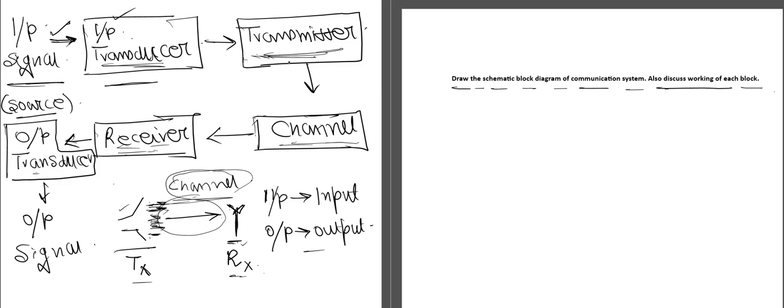The transmitter transmits the signal over to the receiver with the help of the channel, and now the receiver will detect the transmitted signal after it has received it from the channel, and it will pass it through the output transducer, which will convert the electrical signal into a non-electrical signal, which will be our output signal. So this is the block diagram of the communication system, and I think we have all understood the function of each of these blocks individually. Thank you.